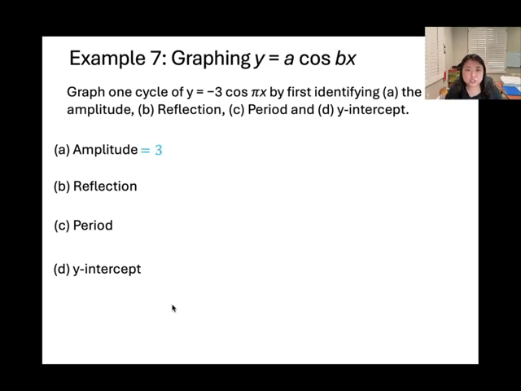Reflection? Yes, because it's a negative. Period 2 pi over b. And this time, your b will be equal to pi. So the period should be equal to 2. Y-intercept, since we have a cosine, supposed to be 0 and 3. But because it's a reflection, so 0, negative 3.